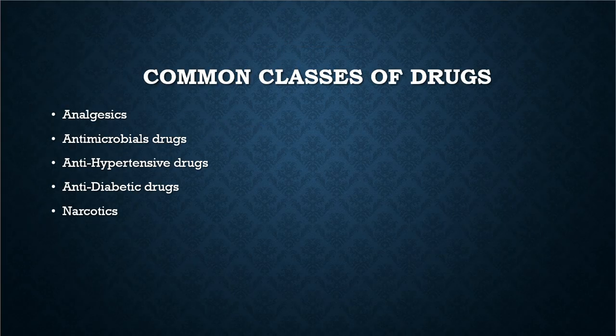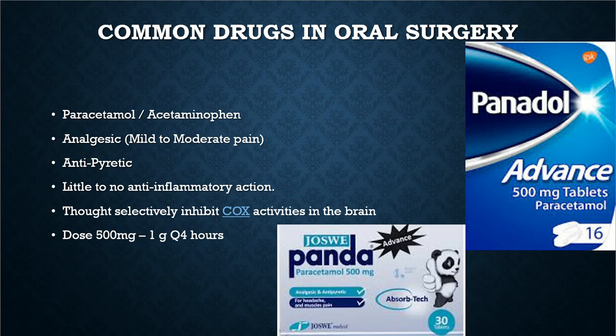Okay? So the common classes of medications, we either prescribe analgesics for pain, antimicrobials, antihypertensives, antidiabetics, narcotics. These we will not prescribe them. The physician will prescribe those. So the most common one that we use is paracetamol or acetaminophen. The 2 generic names, Panadol, Panda, Adol, all these are trade names.